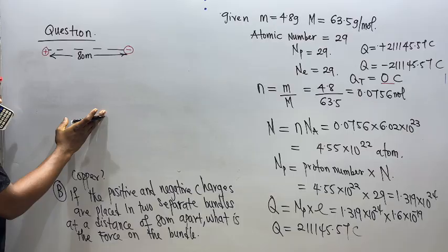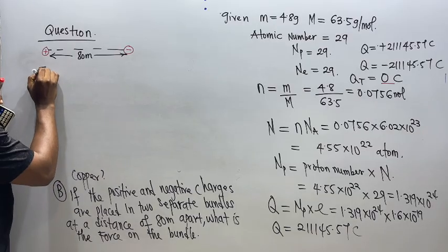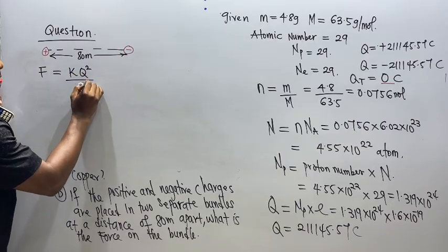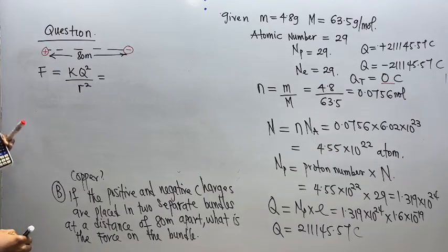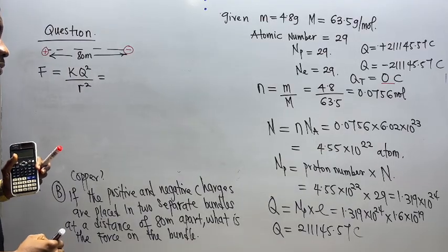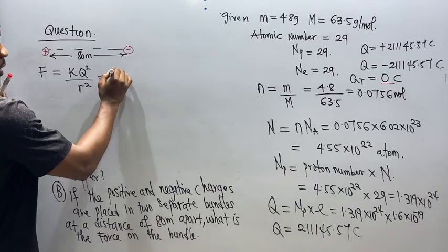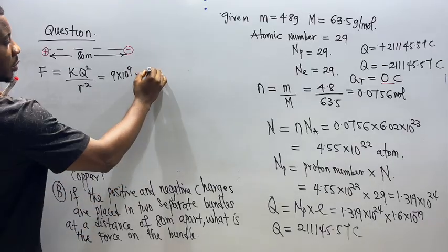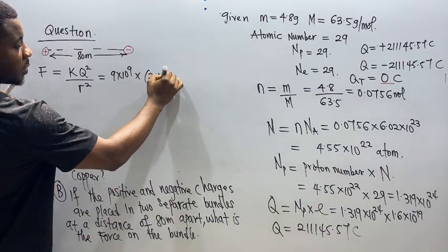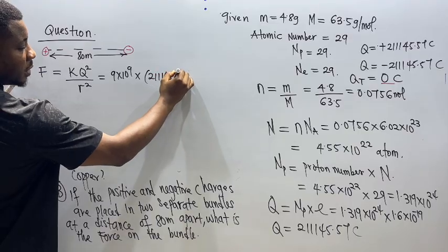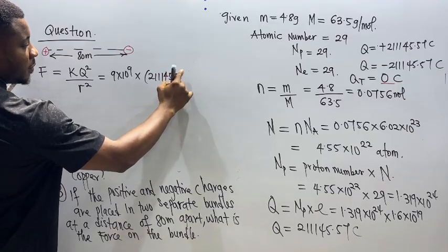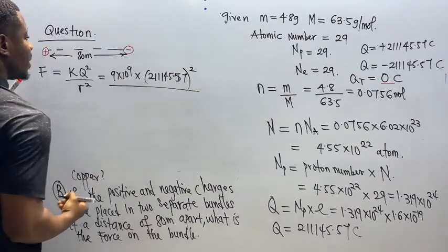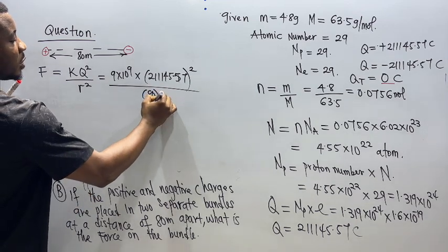Now, what becomes the force? We use our formula: kq squared over r squared. Remember that the system is in a vacuum. So k is 9 times 10 to the power 9, multiplied by q, which I found to be 211,145.57, squared, divided by r, which is 80, so 80 squared.